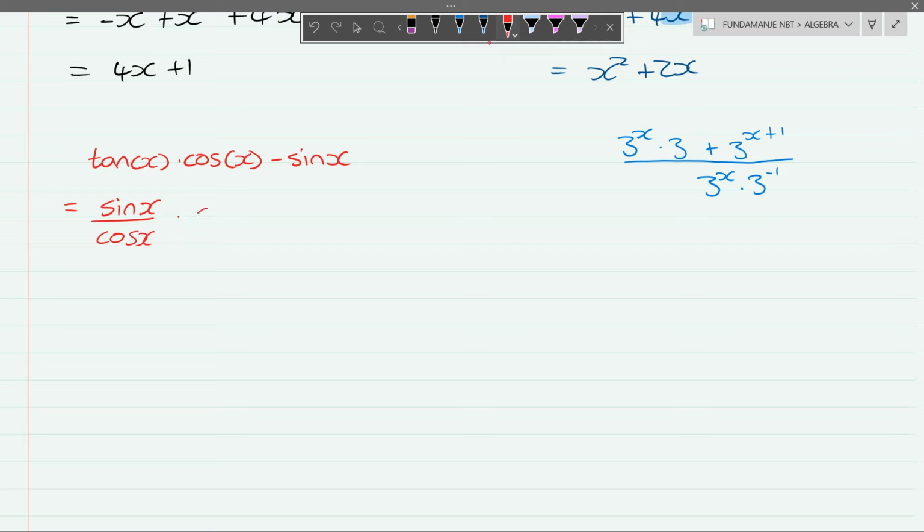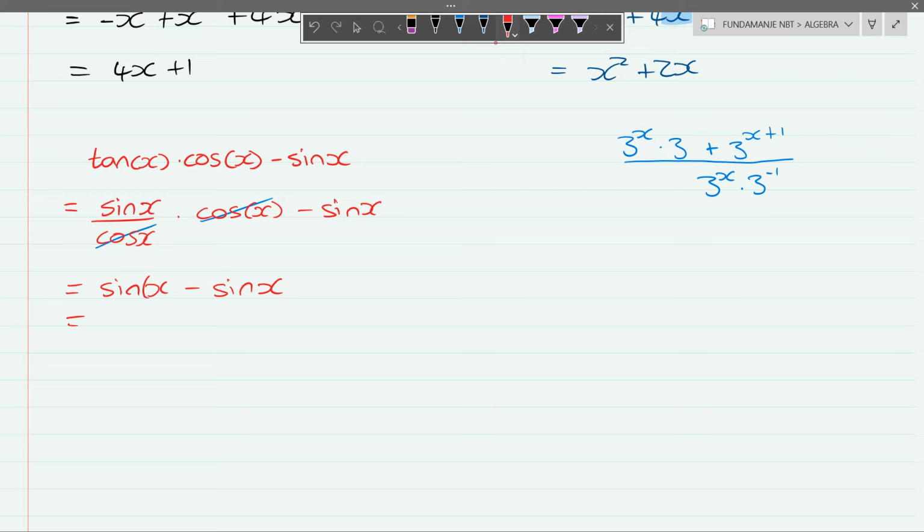Then we rewrite everything as it is, multiplied by cos x minus sine x. Over here, we're going to cancel the cos x with this cos x when they multiply, leaving us with just sine x minus sine x, which we can consider these to be like terms.